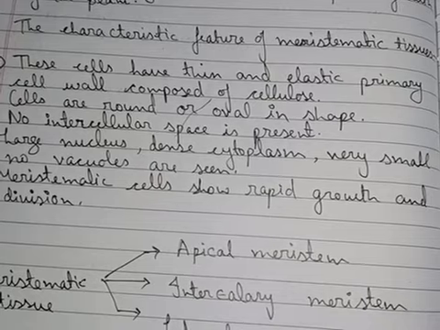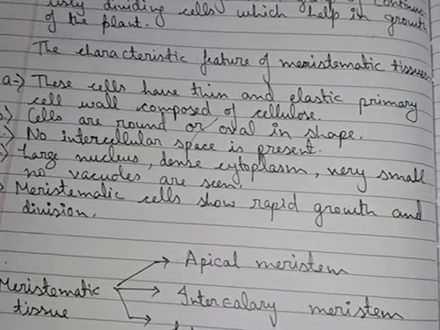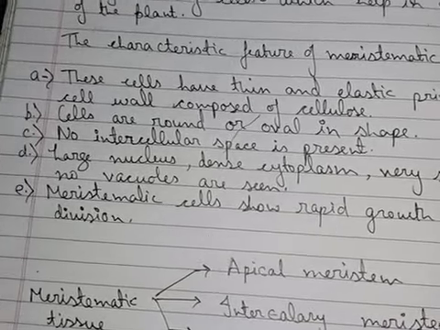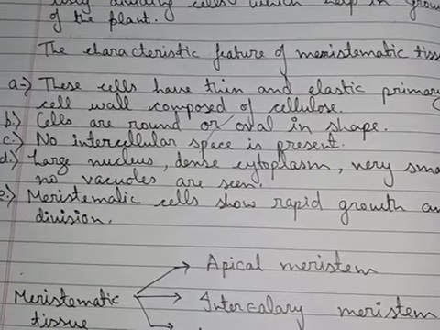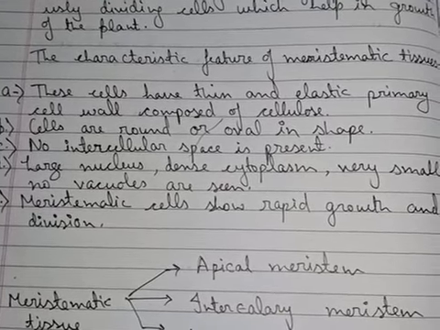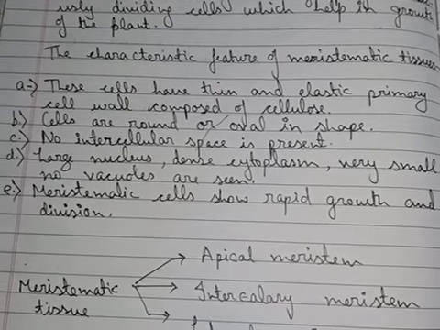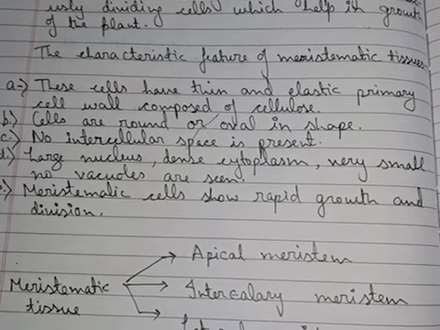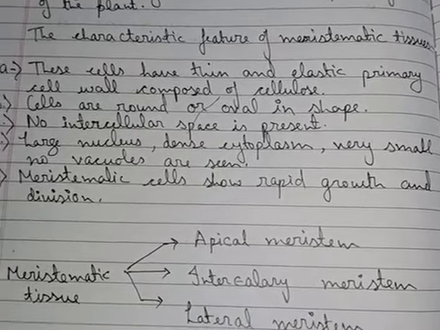Vacuoles, if present, will be very small in size, otherwise they will be absent. Vacuoles, as you all know, are transparent watery fluid-filled structures mainly found in plant cells and absent in animal cells. The last point is that meristematic cells show rapid growth and division.